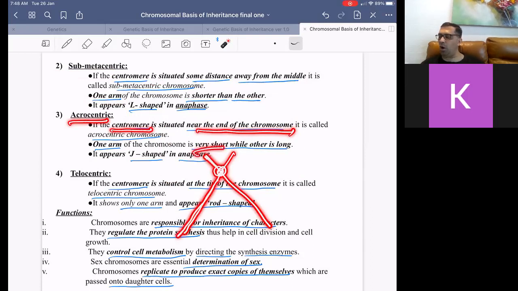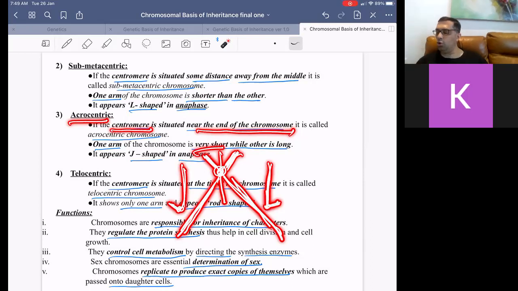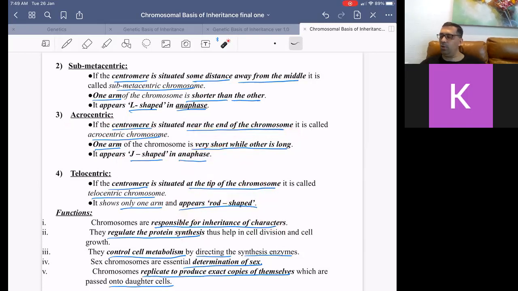And in anaphase when it breaks, the chromatids will appear J-shaped, because one arm is very short and the other is very long. So what is the appearance? J shape in anaphase.